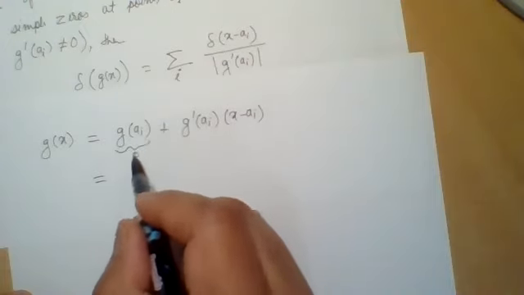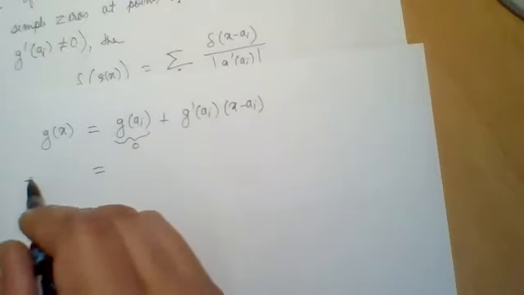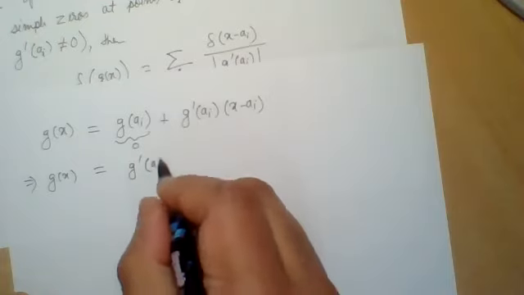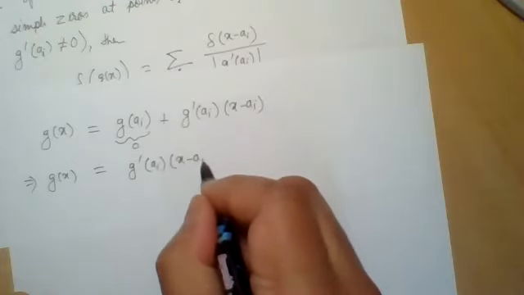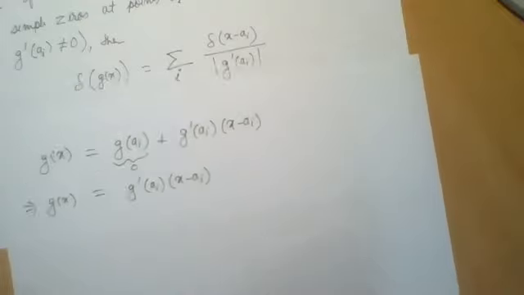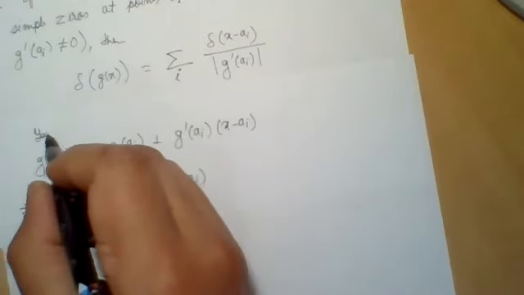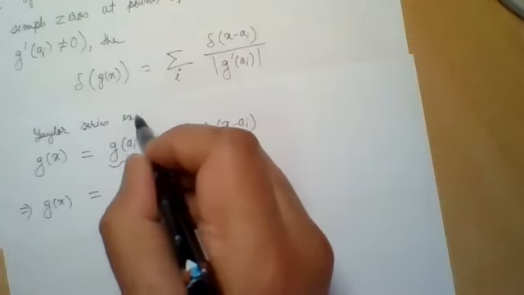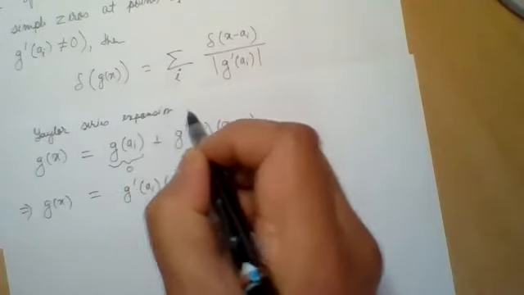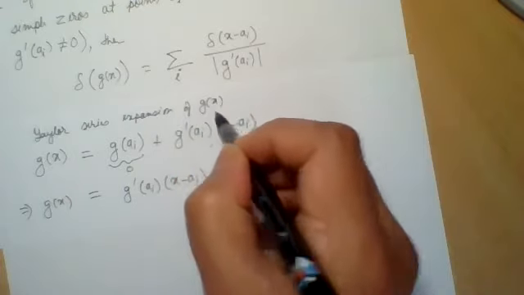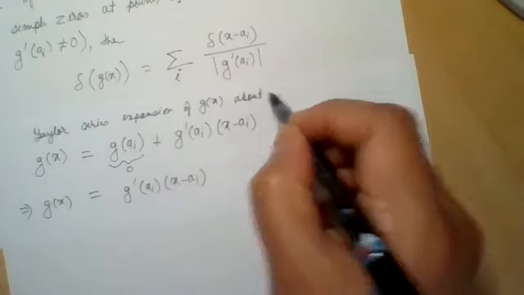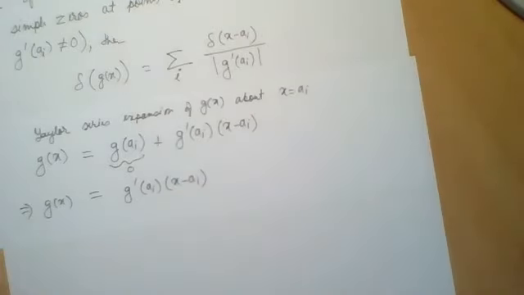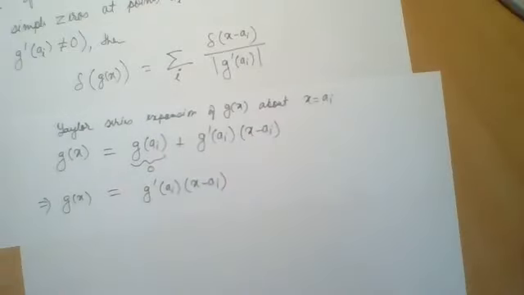So g of x is nothing but g prime calculated at ai multiplied by x minus ai. Okay, this is the Taylor series expansion of g of x about x equal to ai. Okay, so this is fine.